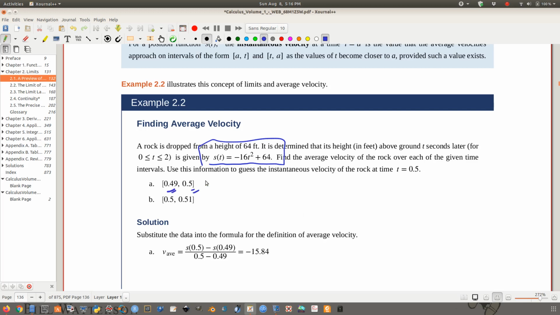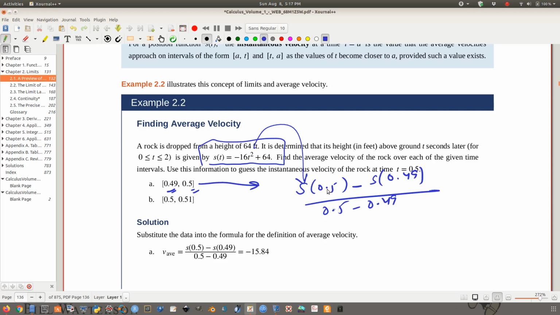So the average speed for this one is S at time 0.5 minus S at time 0.49 over 0.5 minus 0.49. Plug this function in with 0.5 for t, and here plug the function in for t equals 0.49. You can easily compute this, so it's this.